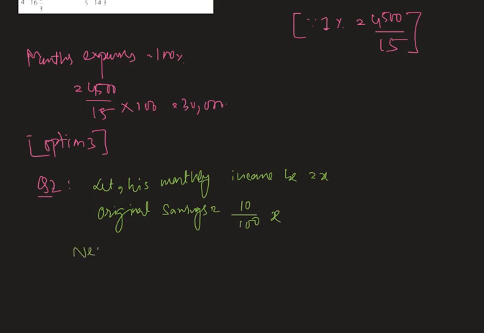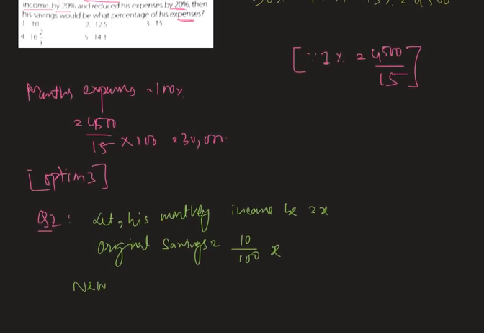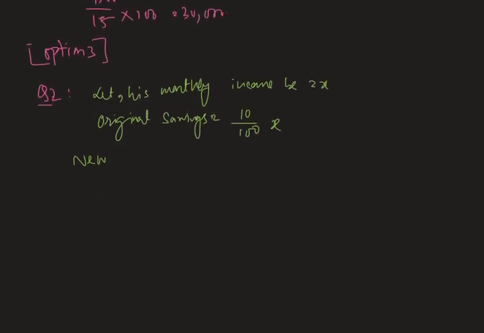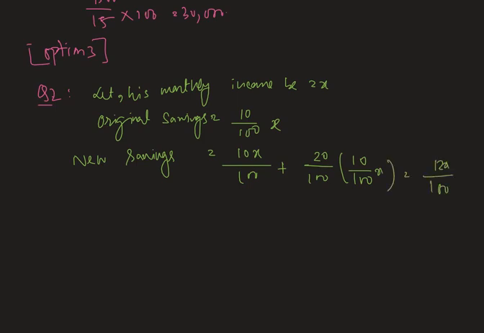but as given in the question, he increased it by 20%. Therefore, new savings is the original savings plus increased by 20% of that, and this results in 12x divided by 100. Now come to the expenditure portion.